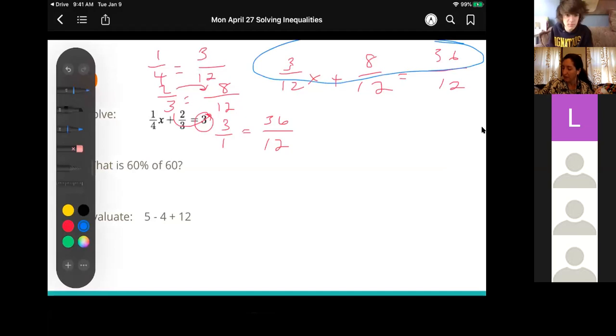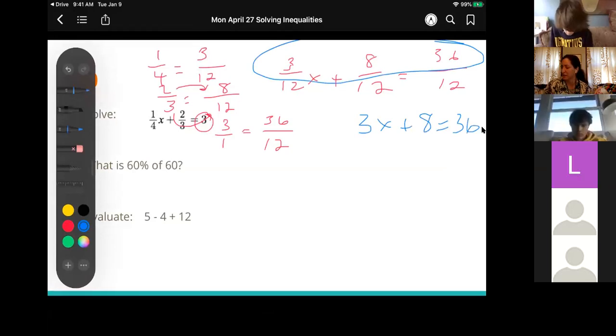This problem really becomes 3x plus 8 equals 36, which is way better than having to mess with all those denominators. So that's just one of these methods you can use when solving equations with fractions.